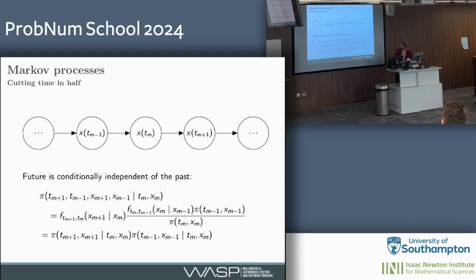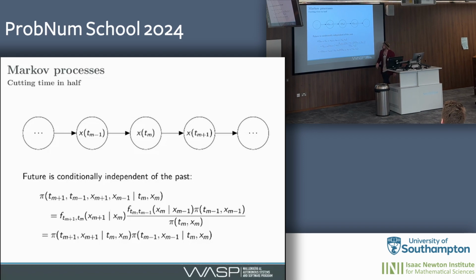If you're familiar with graphical models, this is the graphical model for a Markov process. It's very simple, just a line. And then there is this famous saying that a Markov process has the property that the future and the past are conditionally independent given the present.